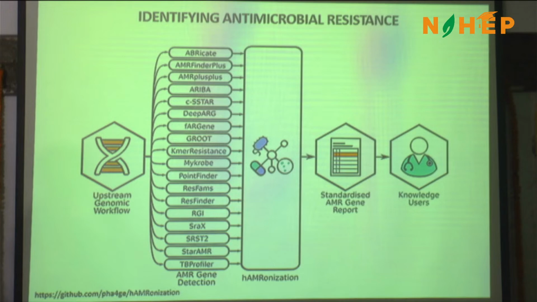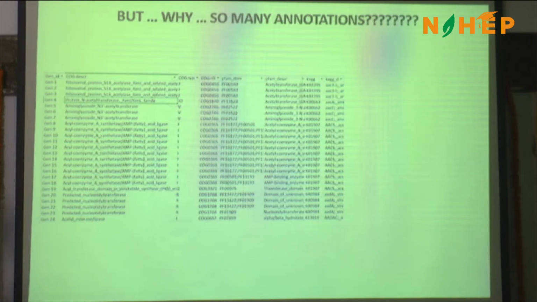And you can run your genomes in these tools. Not so long ago, there was a publication of this tool, harmonization, that combines all the tools. So if you are working with antibiotic resistance, you could use these tools to predict your potential genes for antibiotic resistance. Okay, all with me? Good.